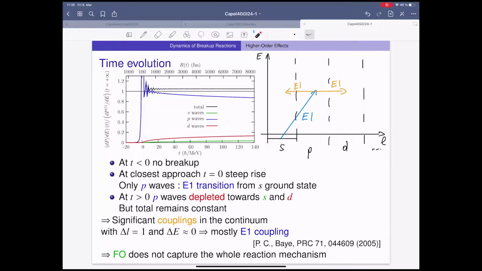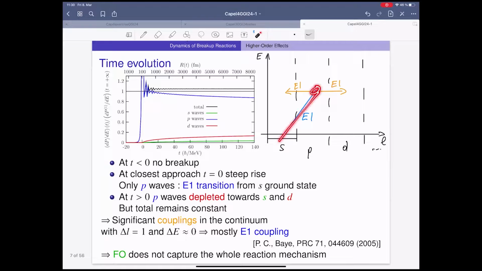So initially you have a very strong E1 field, a dominant dipole field, that breaks the system from the S wave to the P wave in the continuum. And then there you have this higher order effect. If you remember the plot by Jeff Tostevin, where you had these arrows a bit everywhere showing the different contributions, it's exactly what's going on here, but we see it evolving with time in this semi-classical vision of the reaction.